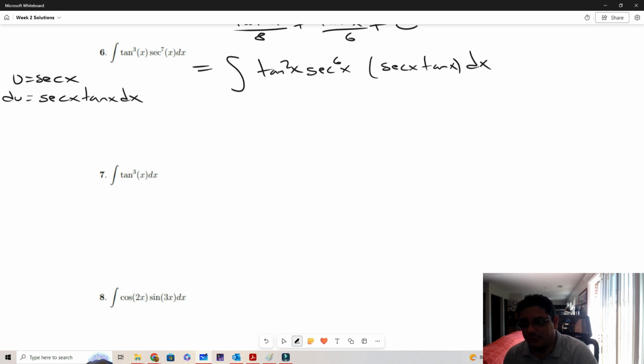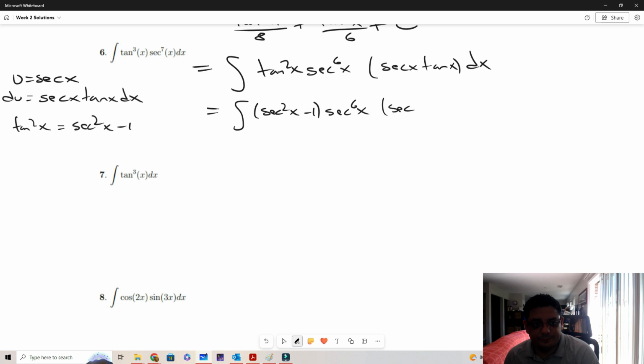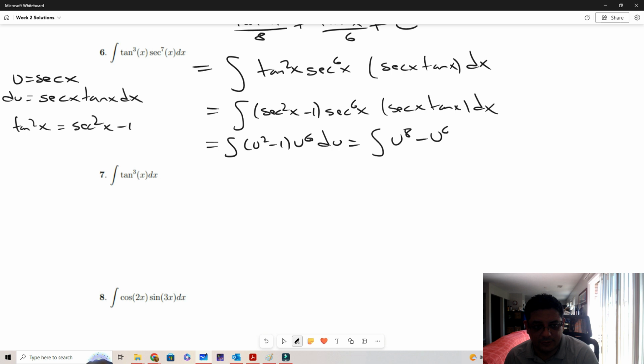Now tangent squared can be related in terms of secant. Remember that tangent squared is just secant squared minus 1. And so I can put that in here, so everything is going to be in terms of my u. And so when I transform the integral, this is just going to be u squared minus 1, u to the 6 du, or u to the 8 minus u to the 6 du in the integration.